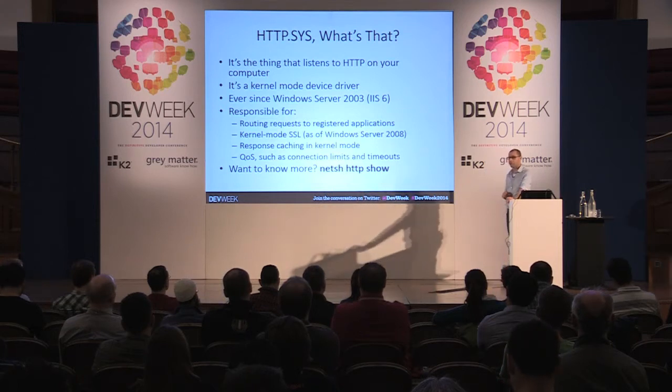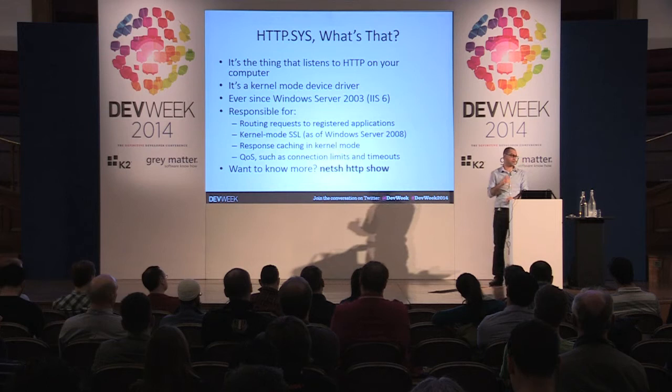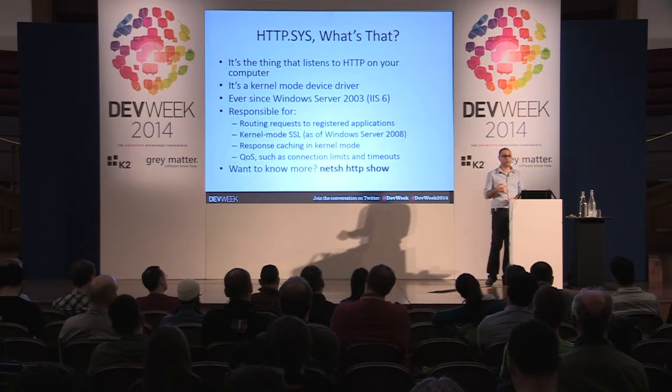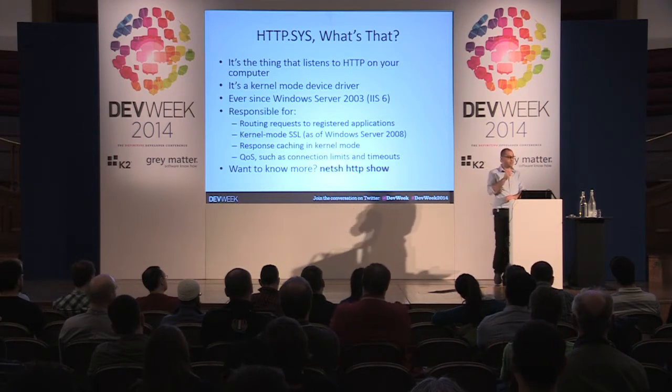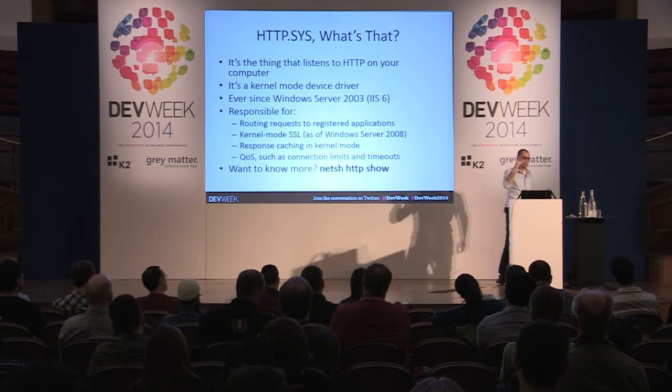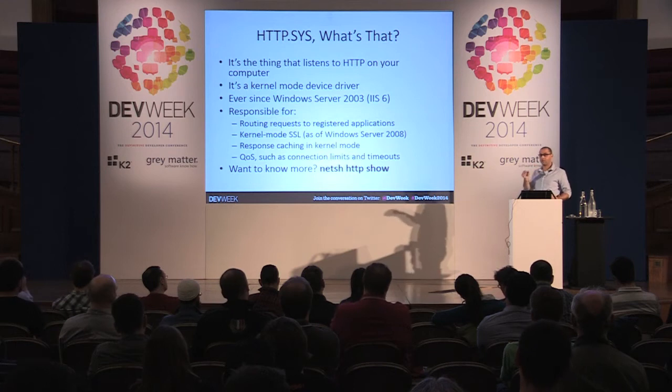Has anyone ever tried to listening to the same port from 2 different applications? Yeah, that probably crashed, right? But have you ever tried doing that, for example, for a WCF service that listens on port 81? Multiple WCF services listening to the same port? That's actually supported, okay? Because different applications can listen to HTTP communication on the same port. That's exactly how IIS works.